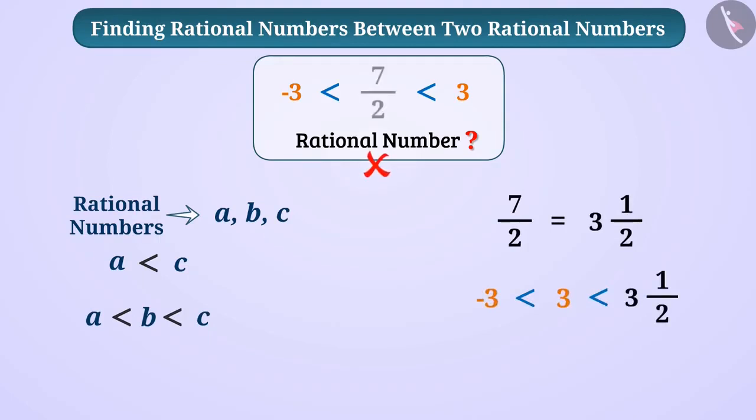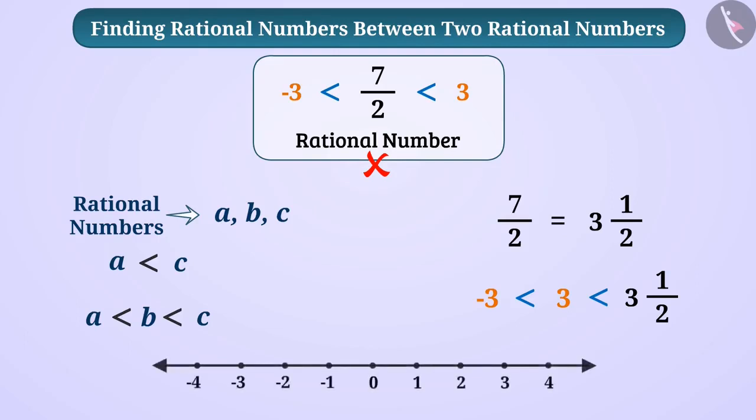So we cannot call it a rational number between -3 and 3. Similarly, by comparing the values of numbers, you can find out if a number falls in between the given numbers. This comparison can also be done on the number line.